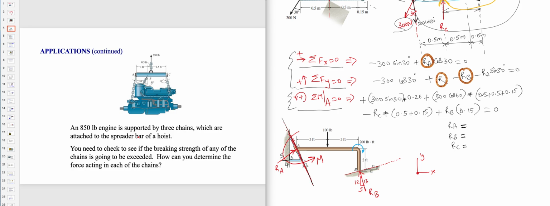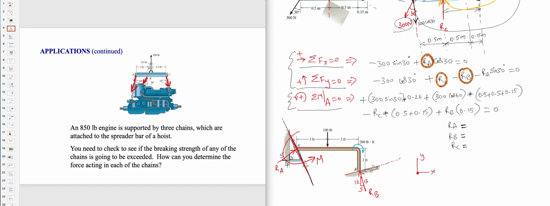there is a spreader bar of a hoist, and the engine is supported by 3 chains, right? So if we take the free body diagram of the spreader bar, we have, this is a tension, this is a tension, that is a tension.